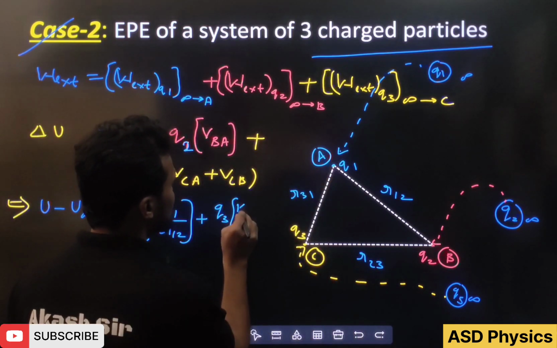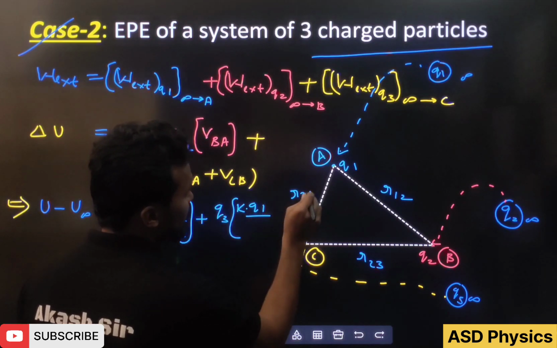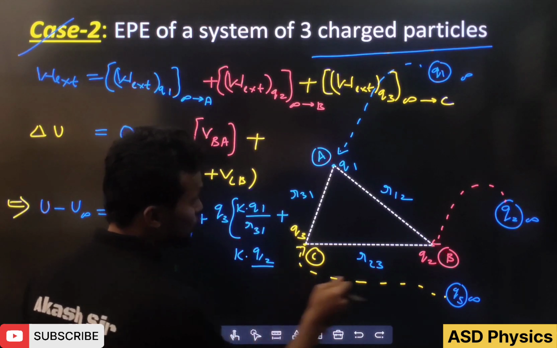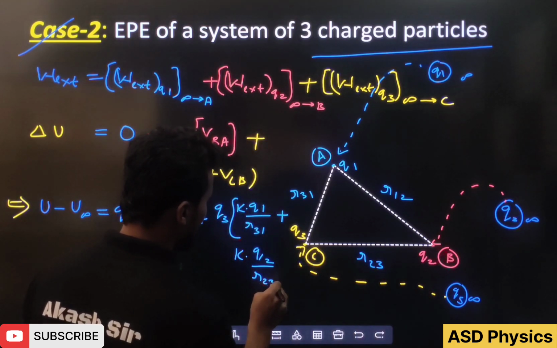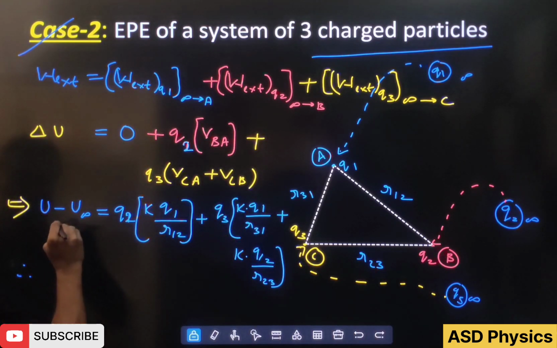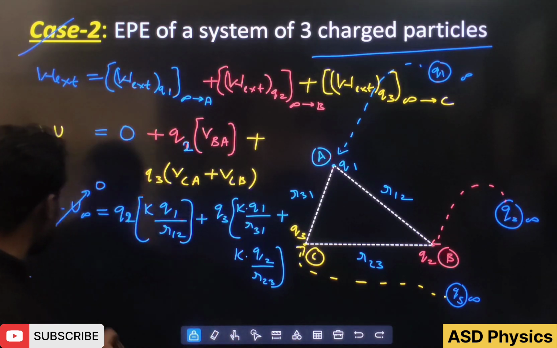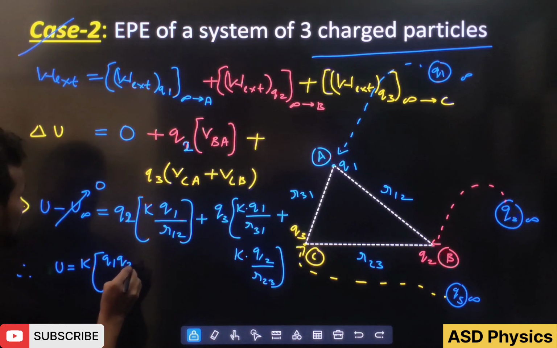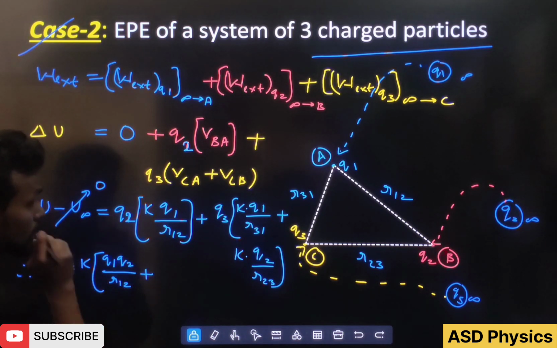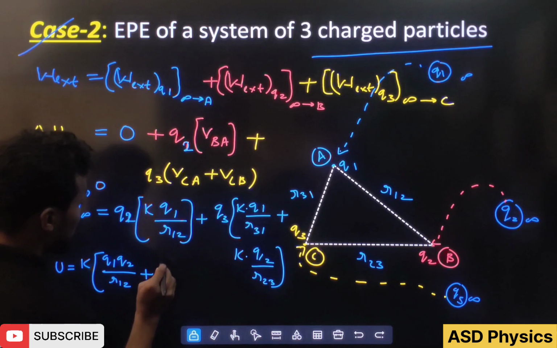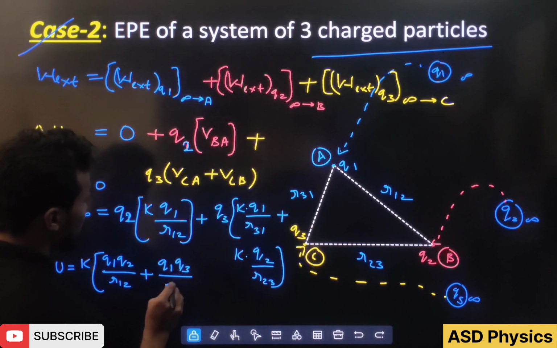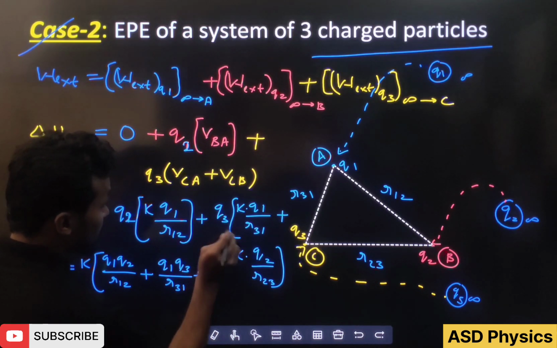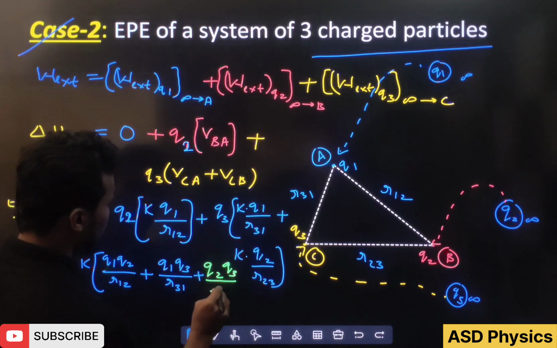Due to Q1, the potential is K into Q1 by R31, plus K into Q2 by R23. Again, U infinity is 0. That means U equals K Q1 Q2 by R12 plus Q1 Q3 by R31 plus Q2 Q3 by R23.